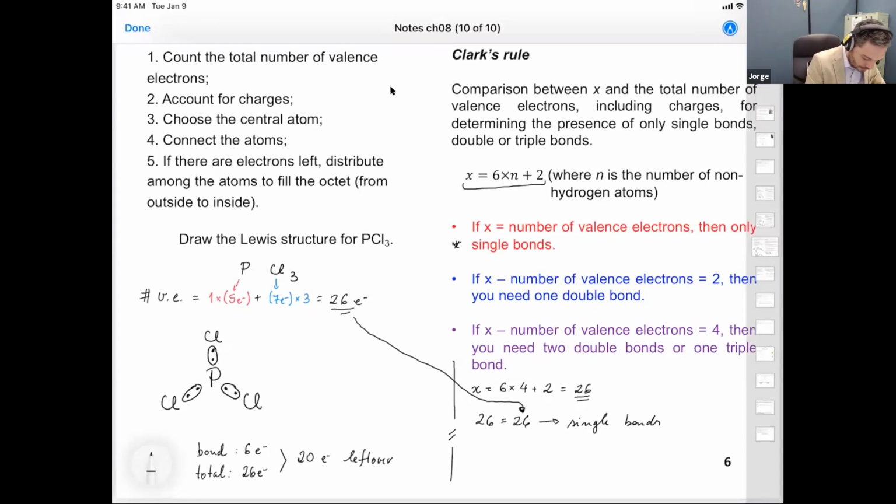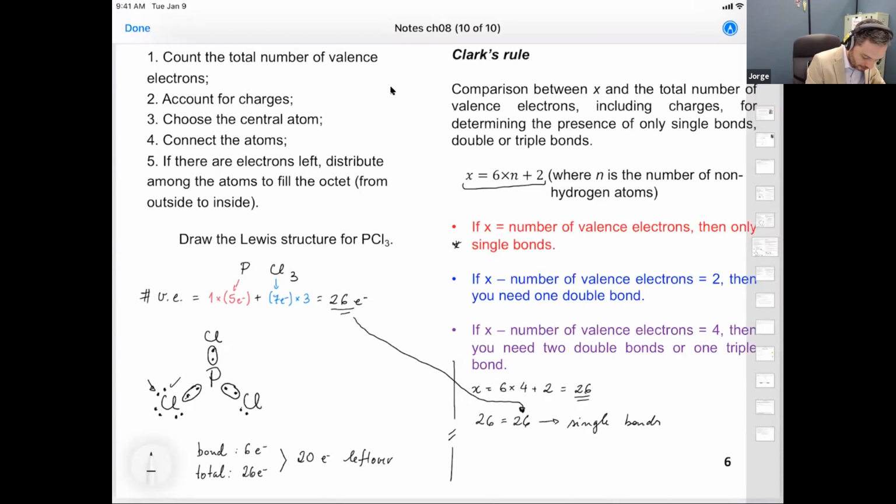So let's start with the chlorine here on the left. It has only 2 electrons from the single bond, so we need 6 more to fill up the octet. 1, 2, 3, 4, 5, 6, 7, 8. That's good. Moving on counterclockwise.